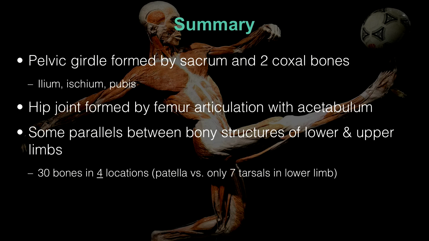And we have 7 tarsals instead of 8 carpals. So same total number of bones in slightly more numerous locations, and you can name most of them. If you describe the classes of them, you can name them all. But you don't need to know the names of the tarsals themselves.